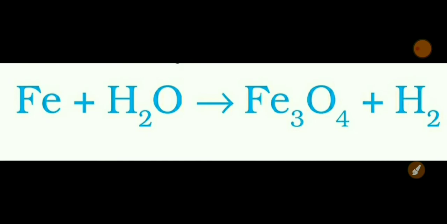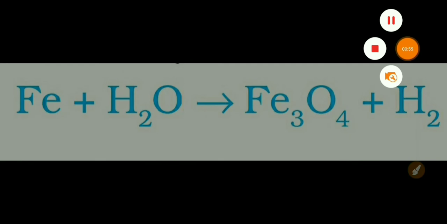This chemical equation is completely unbalanced because if you check the LHS and RHS, the number of atoms are not equal on both sides, hence it is the skeletal form of a chemical equation or unbalanced form of a chemical equation. Let us study step by step how this chemical reaction is to be balanced.